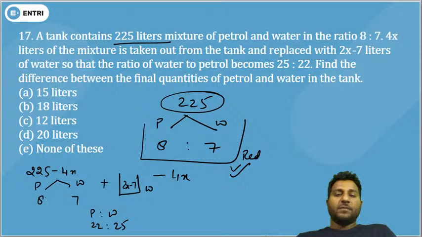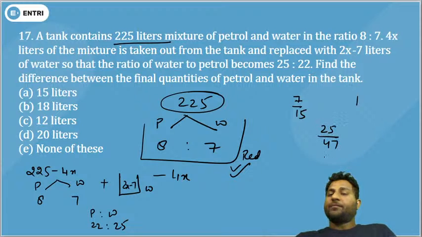Let's use alligation. Let's use petrol 7/15. And we know that only water has been added, which means 1 unit, and 25/47.